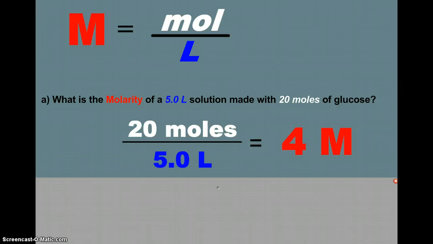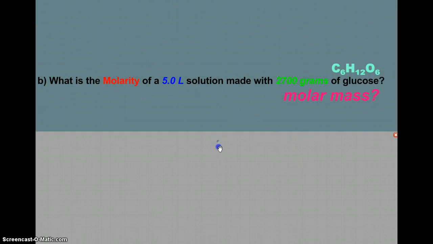But of course, in the lab, we don't measure directly with moles. We are constantly using grams. So here we have a more relevant question, if you will. What is the molarity of a 5-liter solution made with 2,700 grams of glucose?